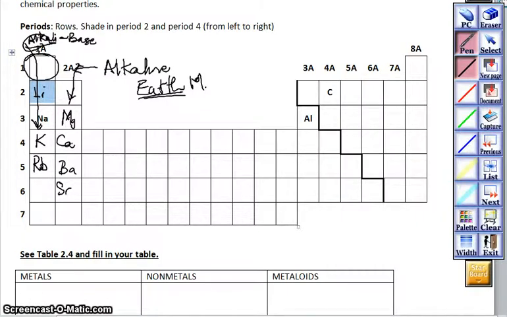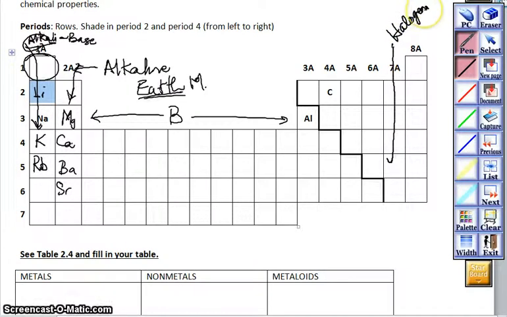They belong to the B group. Okay, so these are our transition metals. And let's go over to group 7A. These don't have names; we're going to talk about the ones with names. So these are your halogens. A popular halogen is chlorine, Cl.